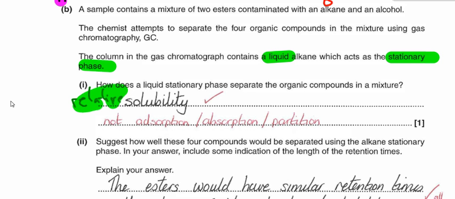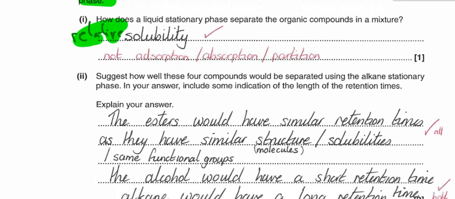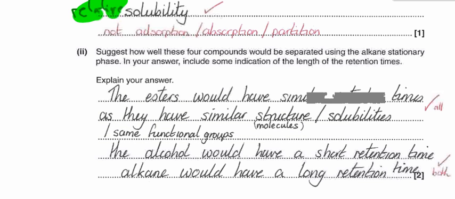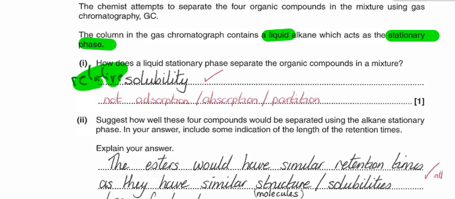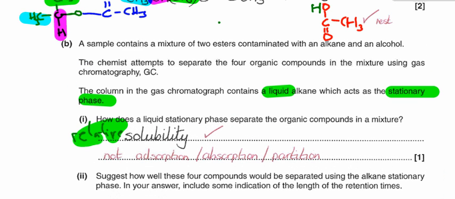Then the next question suggests how well these four compounds would be separated using the alkane stationary phase. So just to go back and see, we've got a mixture containing two esters, an alkane and an alcohol.